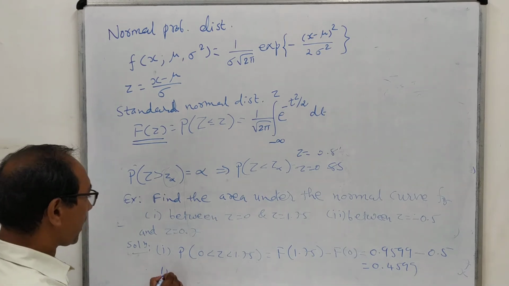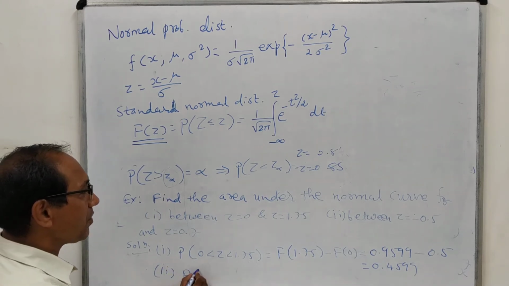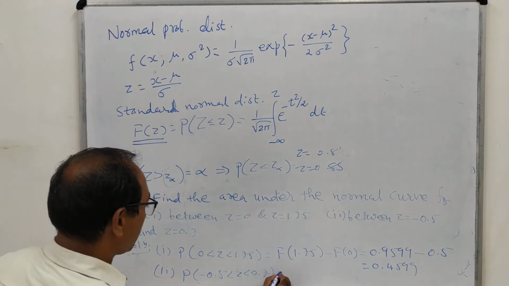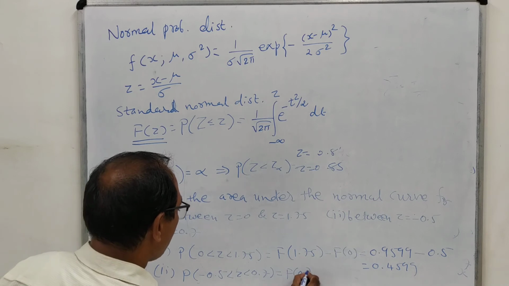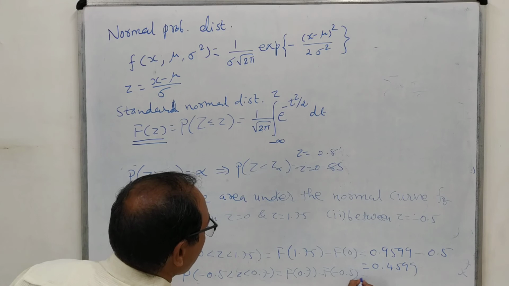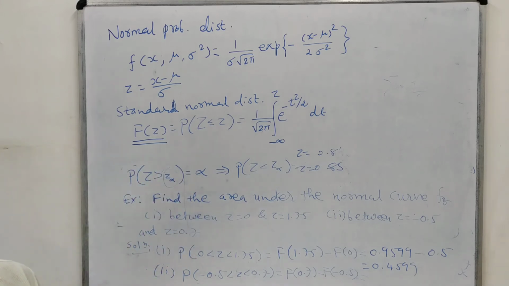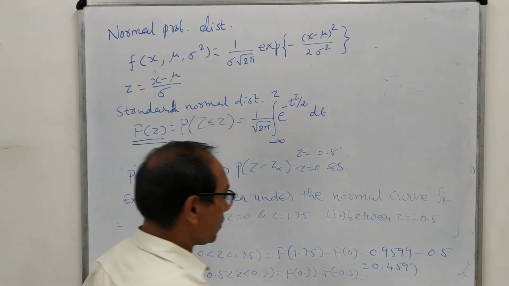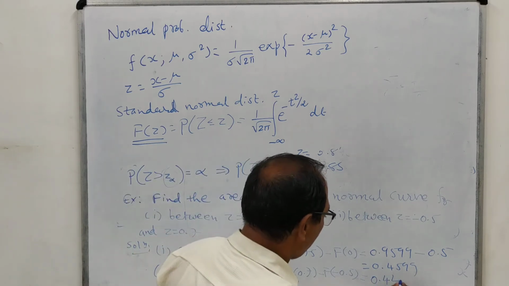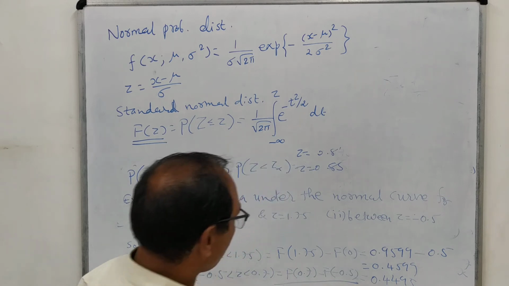Similarly, in the second example, you can find the probability for minus 0.5 less than z less than 0.7. This is nothing but f of 0.7 minus f of minus 0.5. You can refer to the table and find the value as 0.4495. You can do it yourself using the table.